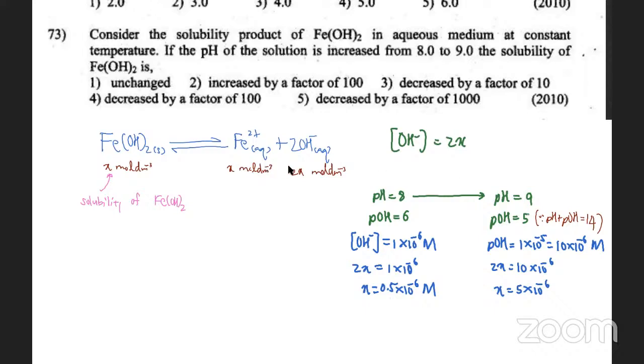So what I could have done is apply Ksp for both the scenarios separately, because OH minus concentrations we know, and we have to find x. So they are altering OH minus concentration artificially.